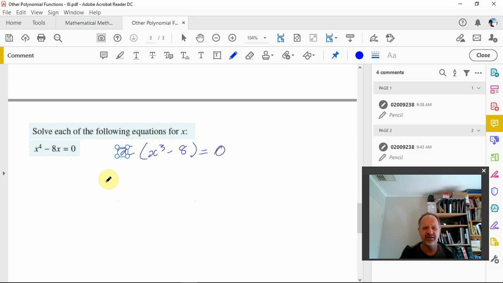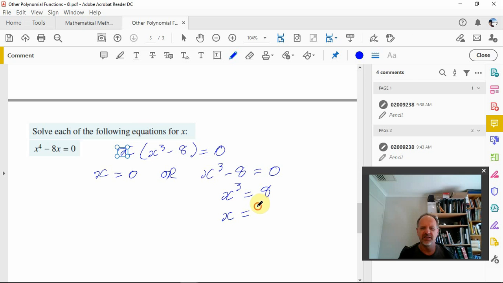Our null factor law then says that one of those two things is equal to 0: x equals 0, or x cubed minus 8 equals 0. With x equals 0, we don't need to do anything more, so one of the solutions is x equals 0. Over here, add 8 to both sides, x cubed equals 8.